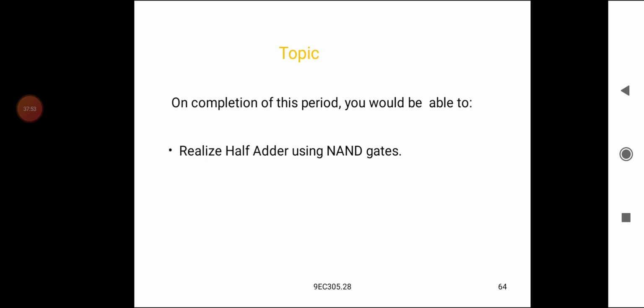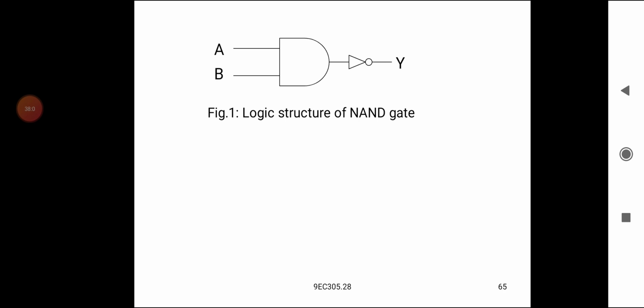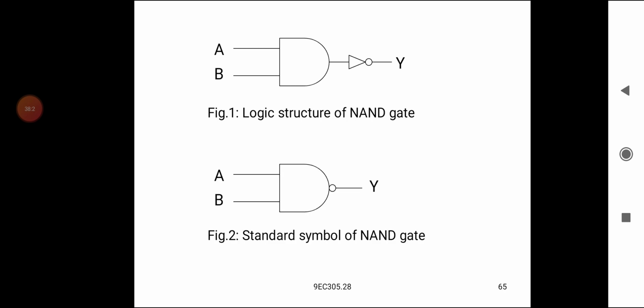Next topic is realizing half adder using NAND gates and realizing half adder using NOR gates. Logic structure of the NAND gate: AND with complement, AND followed by an inverter, that is AND followed by NOT, is NAND.